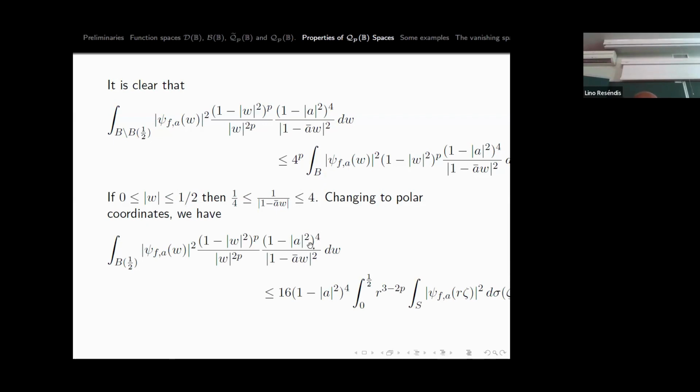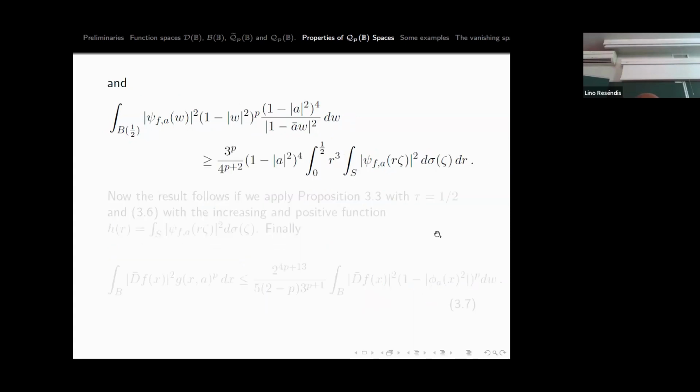We change to polar coordinates, and we get this expression, as you can see. And here appears precisely this exponent that appears in our previous proposition.